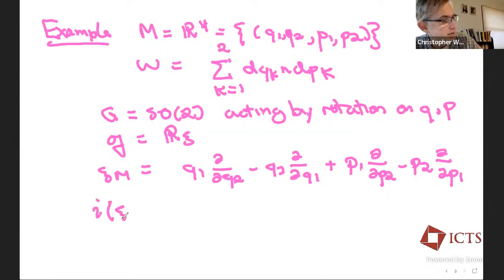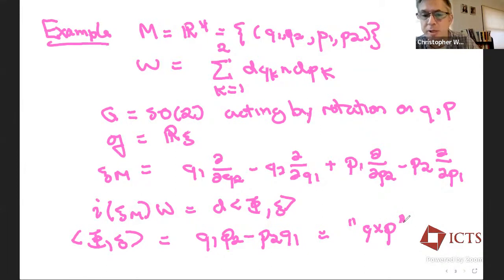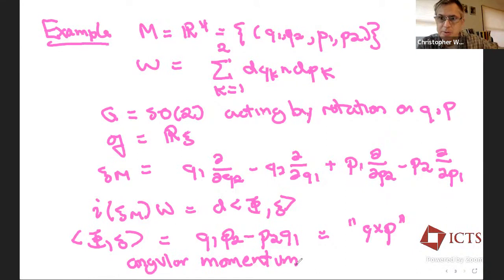And then when I plug the vector field into omega, I find that this is the d phi for some function phi, which is q1 p2 minus q2 p1. That is, the two-dimensional cross product of q times p. So this is called the angular momentum in physics, and so this notion of a moment map is supposed to be some sort of generalization of that idea.